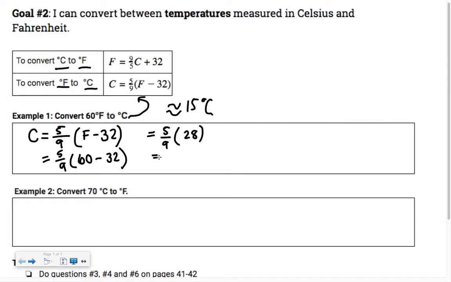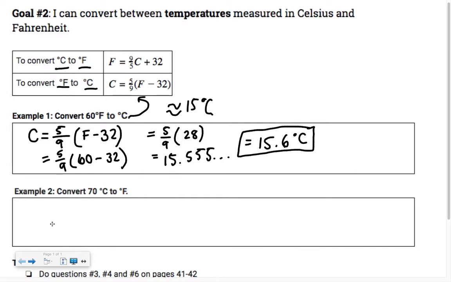And we plug that into our calculator. 5 divided by 9 is 0.5 repeating, multiplied by 28 gives me 15.555 forever. So if I round that, I have 15.6 degrees Celsius. So 60 degrees Fahrenheit is the same thing as 15.6 degrees Celsius.